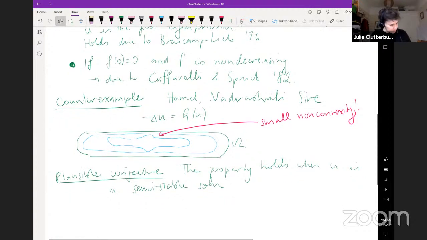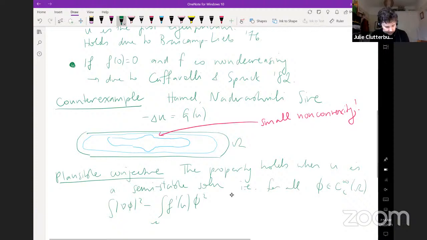And this means that for all test functions phi, we have the Dirichlet energy minus f prime of u phi squared is greater than or equal to 0.